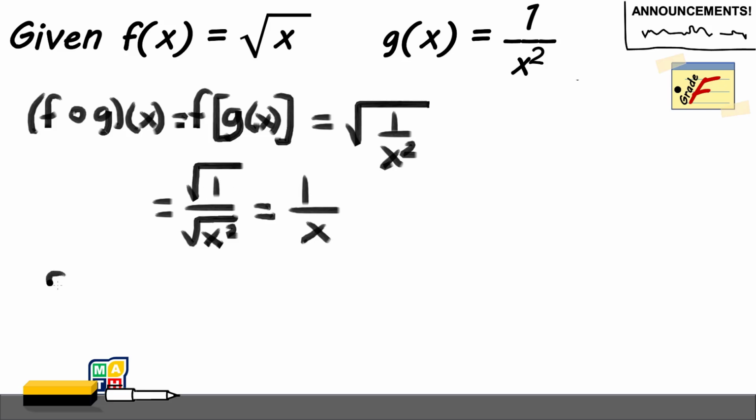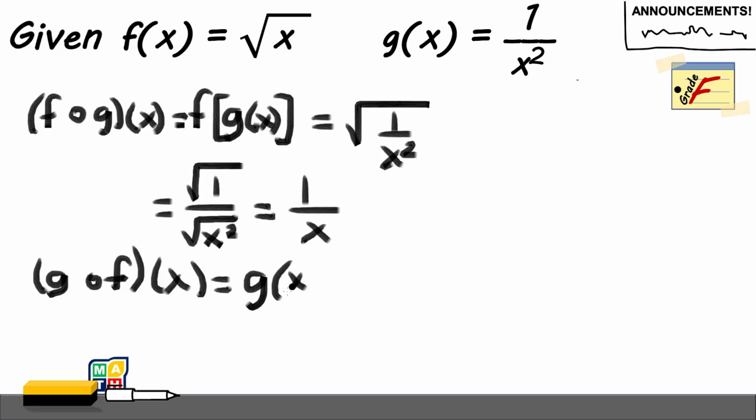Let's have the second one, g of f of x. This means we are going to anchor on the given g of x, but the variable x now will be changed to the entire f of x function, just like this.